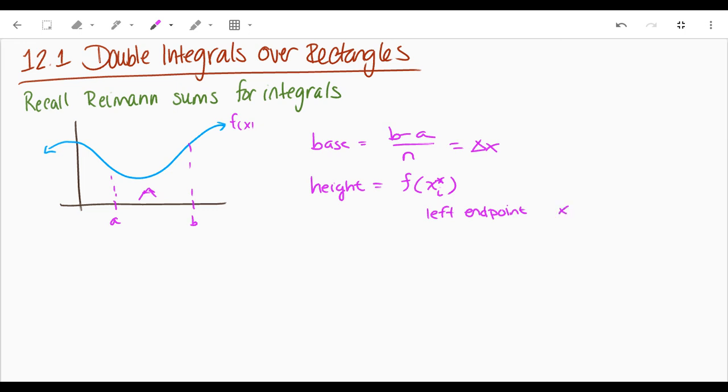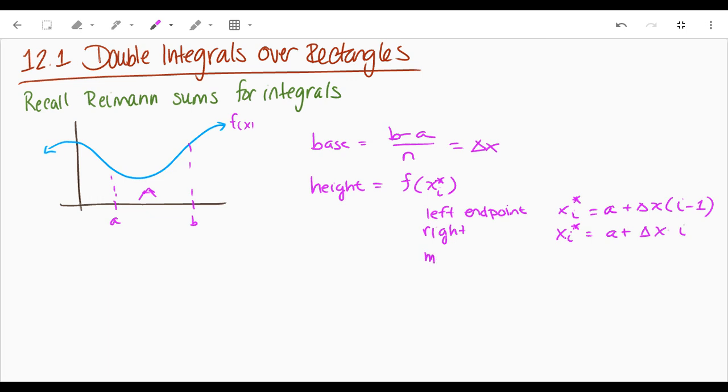Then xi star would have been that initial a plus how many delta x's would get you to the next one. Starting with i is 1, so at first you don't hit any delta x's. You're just at the left endpoint, and then you had one delta x and another delta x. We also had the right endpoints, where xi star would have been a plus delta x times i.